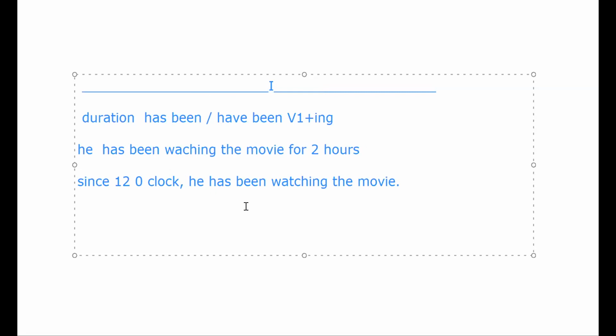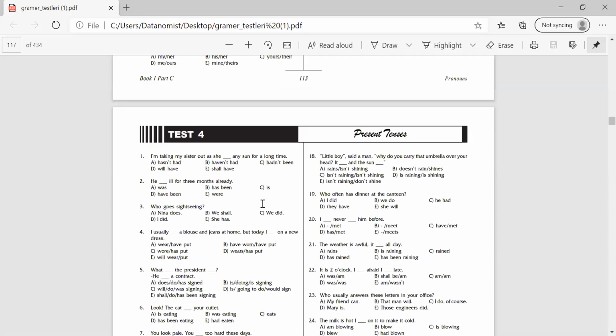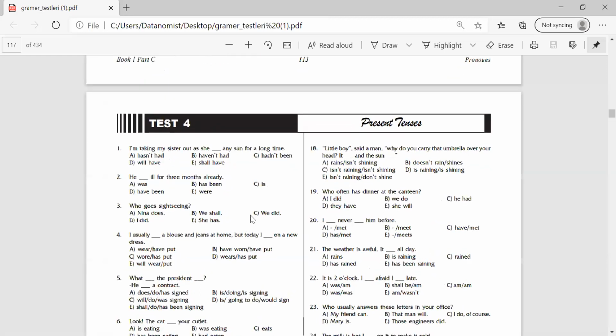Fine. Let me see whether you guys can make this out. You just have to identify the time indicator and decide. Let me give you some exercise. Okay, guys.